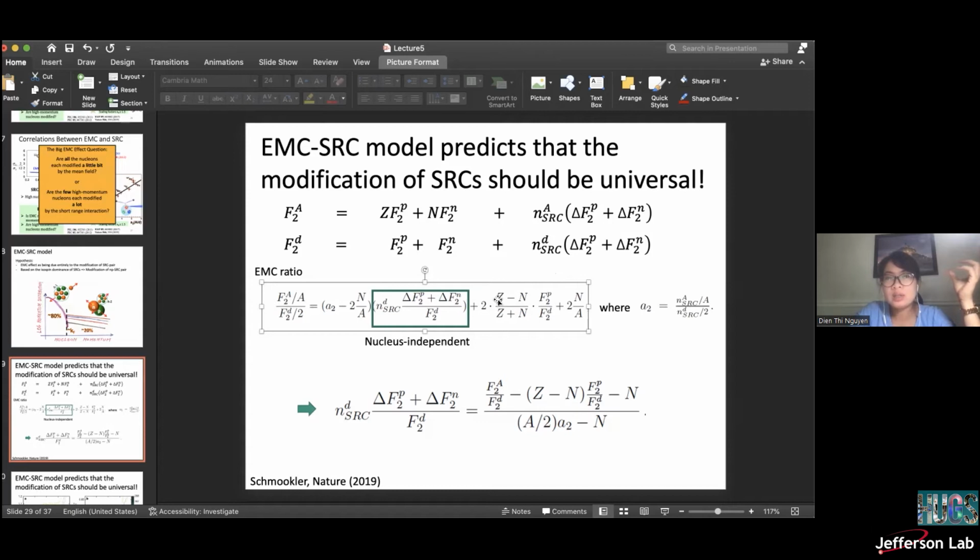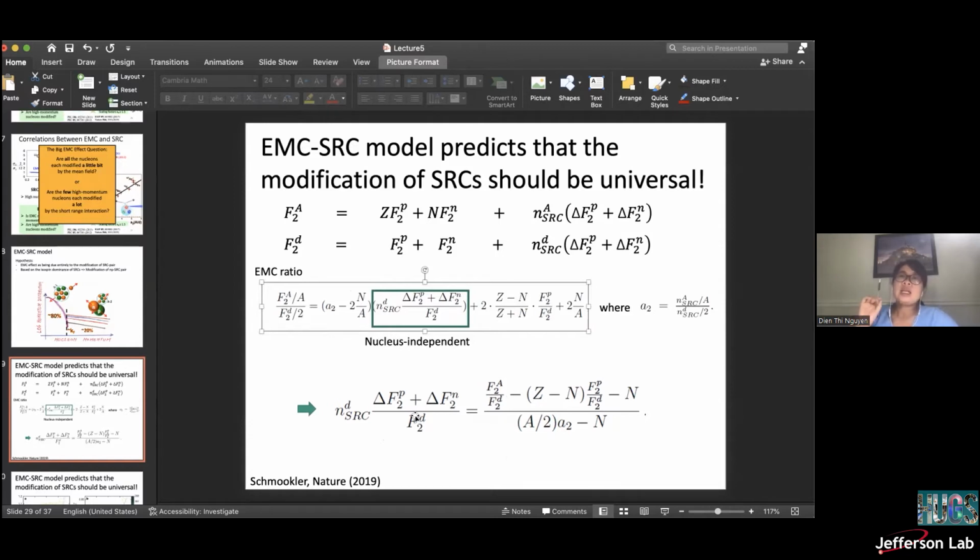So you have all these numbers and you can get a2 from the SRC measurement. So the only thing left is in the green box right here. That is nuclear independent. So now we have all the ingredients in this formula already. So you can take the whole model and get it into one equation only. And from all the other ingredients, we can extract this nuclear independent quantity right here, equal to this formula. You have everything to extract this one.